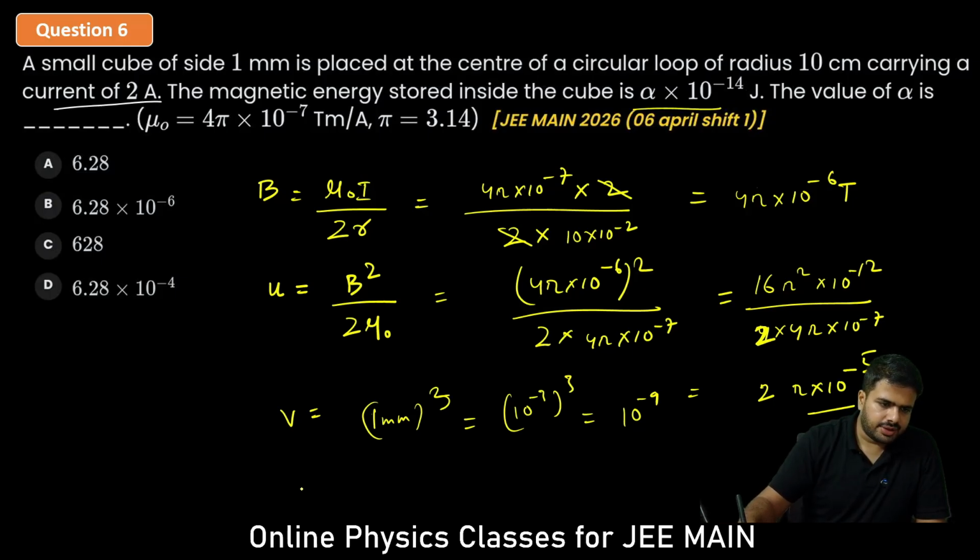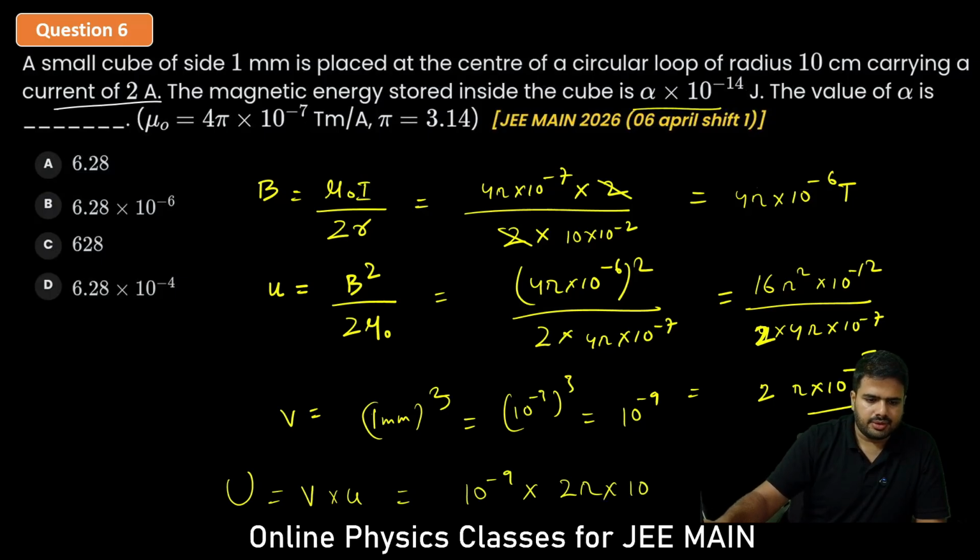Now you can easily find that V into U gives the total energy U, that is 10^-9 × 2π × 10^-5. So we are getting here 2π × 10^-14 joules.